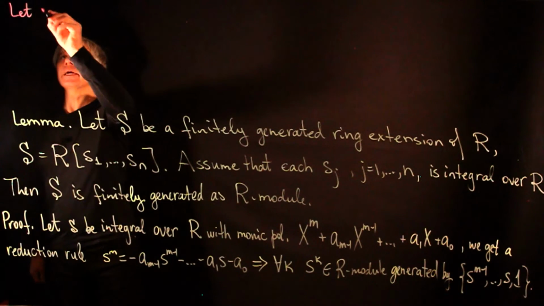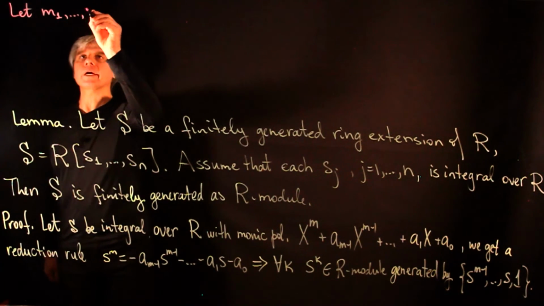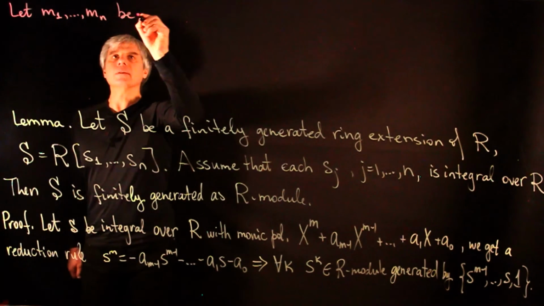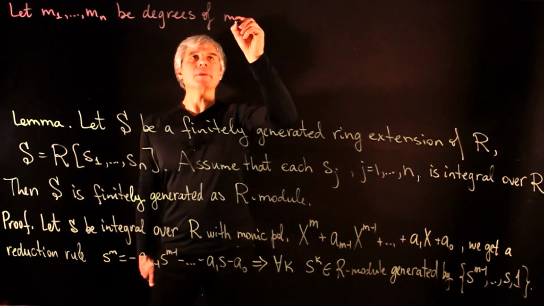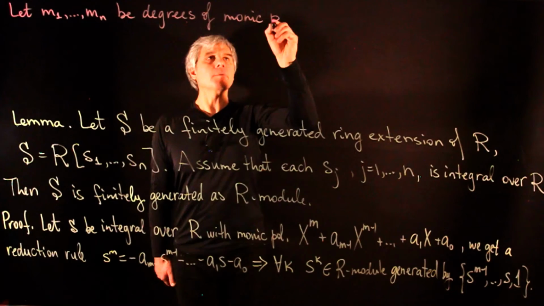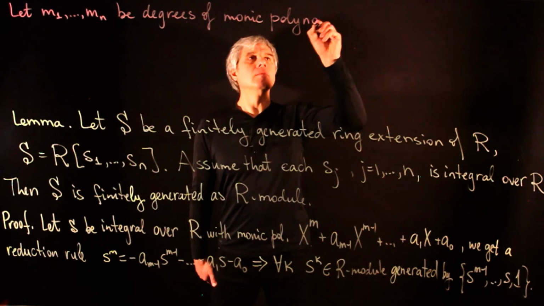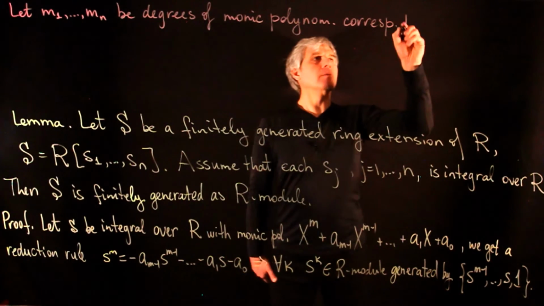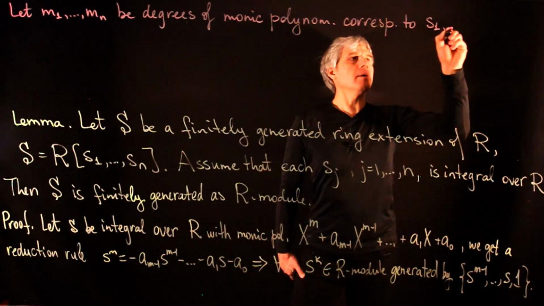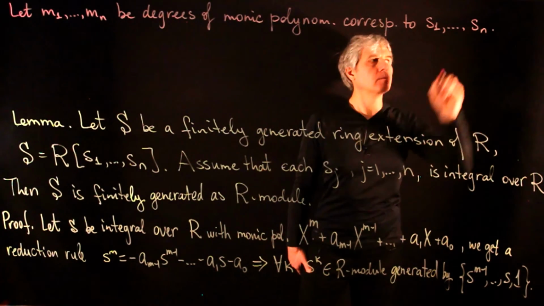Let m1 through mn be degrees of monic polynomials corresponding to the generators s1 through sn.